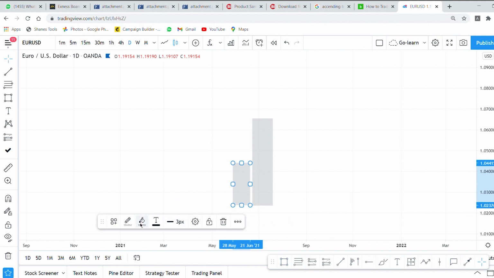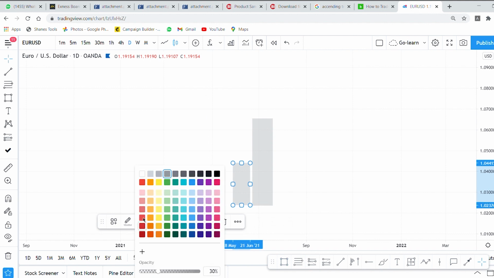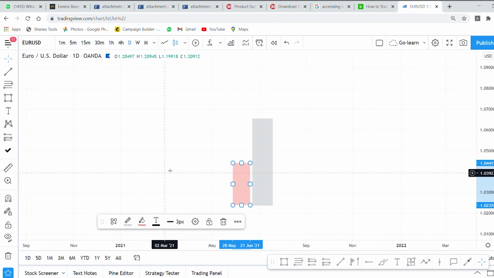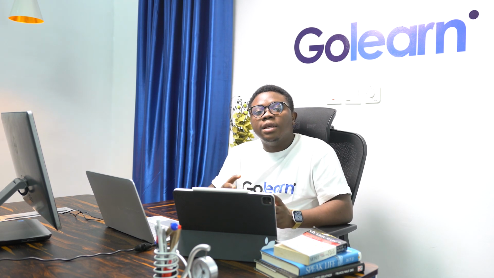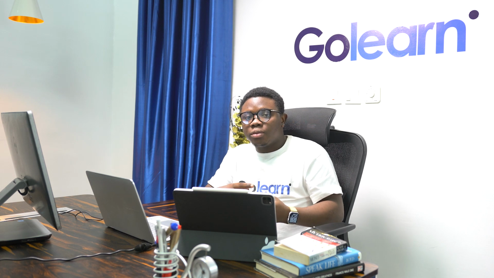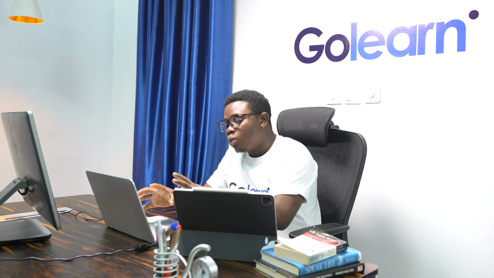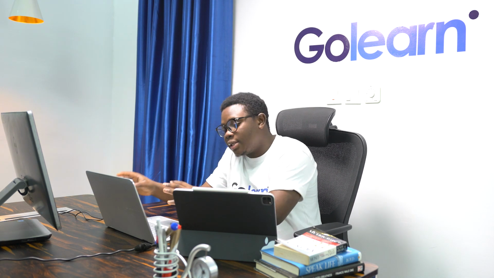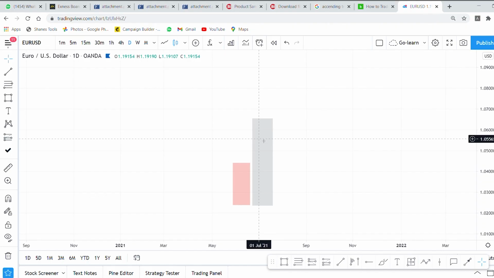It is called an engulfing candle because the bullish candle is engulfing, overtaking the bearish candle. That means the momentum of the bulls is greater than that of the bears. That is what it is representing on the chart. So let's take this as an example of a bullish engulfing candle.